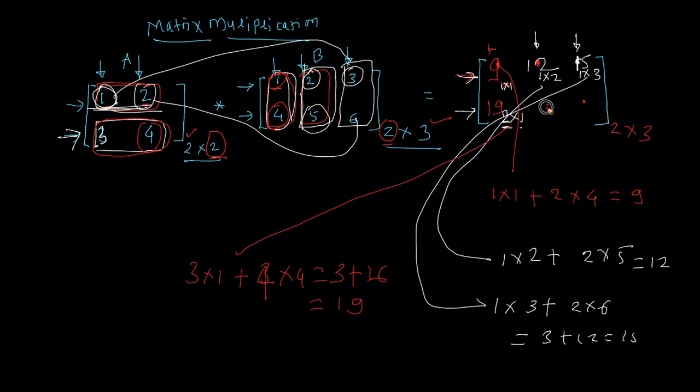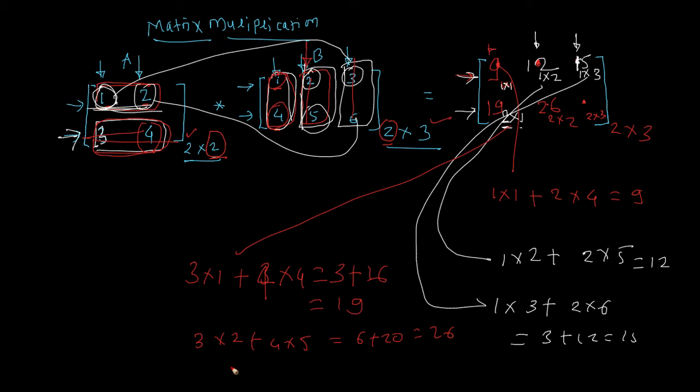Similarly, this element is 2 cross 2. Multiply the second row with the second column. So this multiplied with this. So that is 3 into 2 plus 4 into 5, which is nothing but 6 plus 20, which is 26. Similarly, this is called 2 cross 3, the final element here. You can get it by multiplying the second row with the third column.